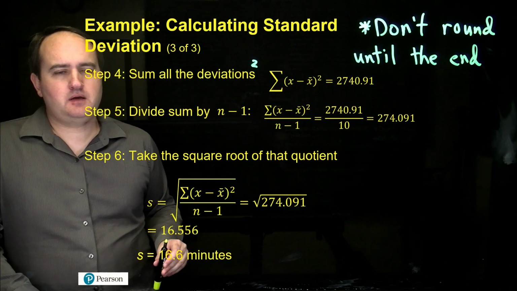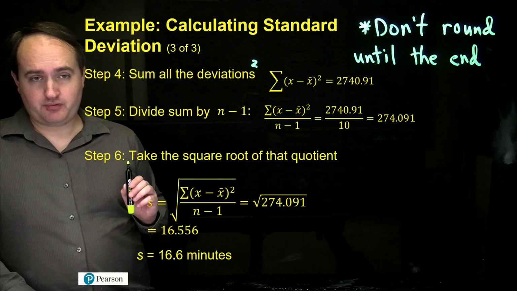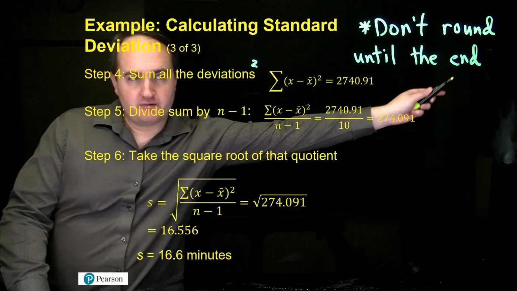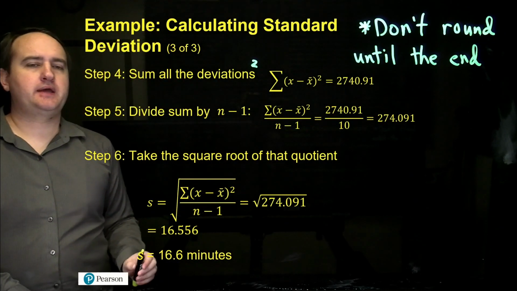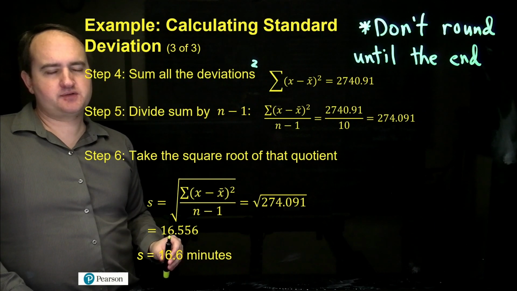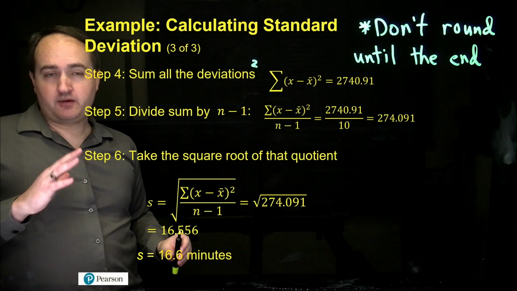Okay, and then step 6 is actually the last step. So at this point, we're at the end of the problem. So we're going to go ahead and round. When you plug it into your calculator, you should get about 16.556. But then we want to go ahead and round now.